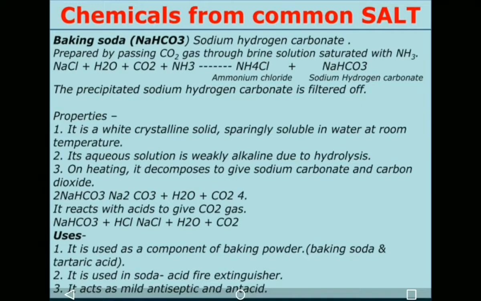So the reaction will be NaCl plus H2O plus CO2 plus NH3. We are making an aqueous solution of sodium chloride and passing CO2 gas in the presence of saturated ammonia.